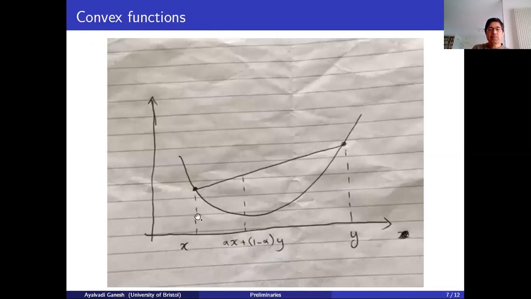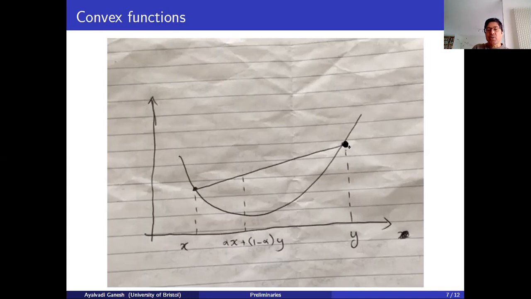So let's begin by recalling the definition of a convex function. And the simplest way to define it is by picture. So here I've drawn a convex function. And what makes this convex? What makes it convex is that if I pick any 2 points on the graph of the function, so here, this is f of x, that's f of y.